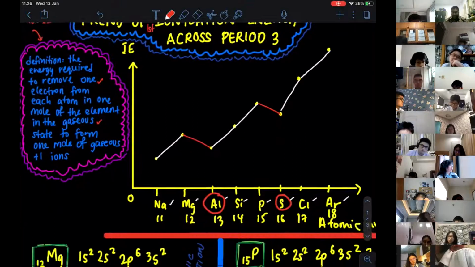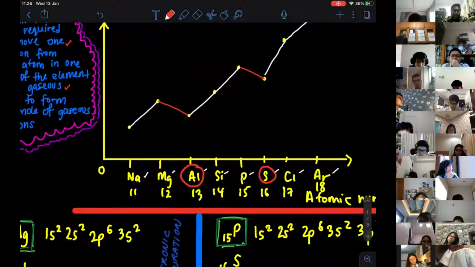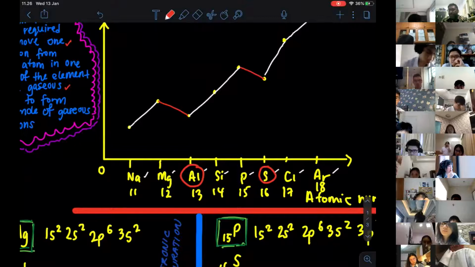And over here, there is going to be some sort of an abnormality. The reason why ionization energy is supposed to increase is based on what you have discussed earlier in your PowerPoint presentation. When you go across period 3, we know the number of protons is increasing. So generally your nuclear charge is increasing, and the ability to hold the electron shells closer to itself is going to be more.